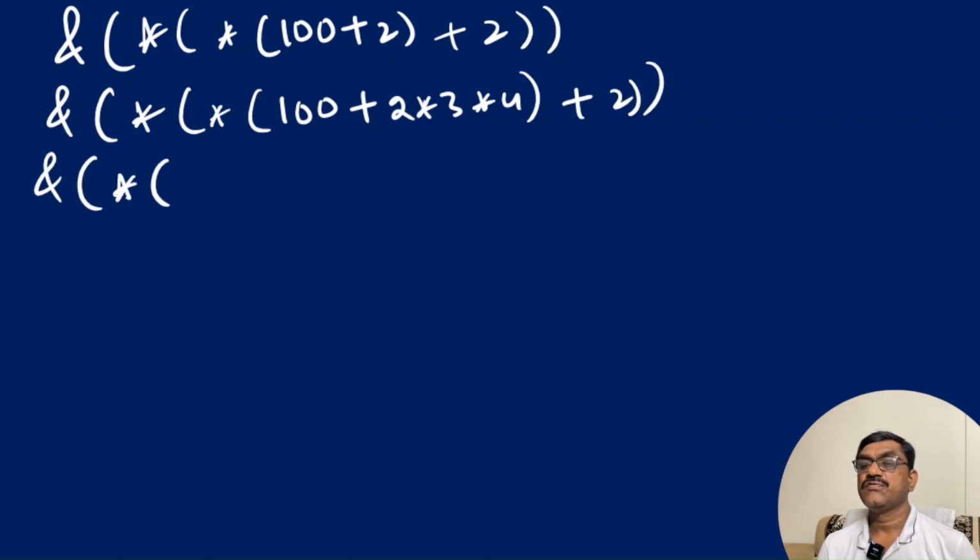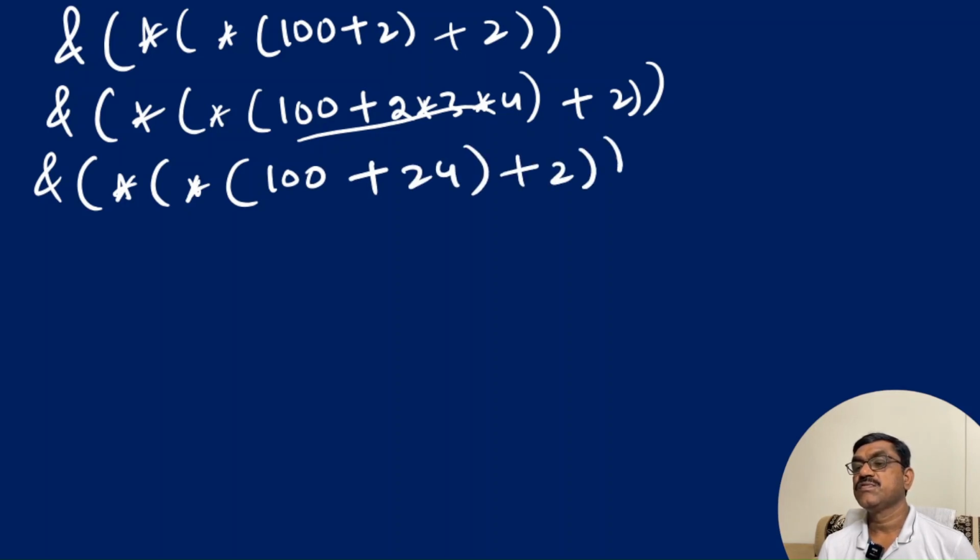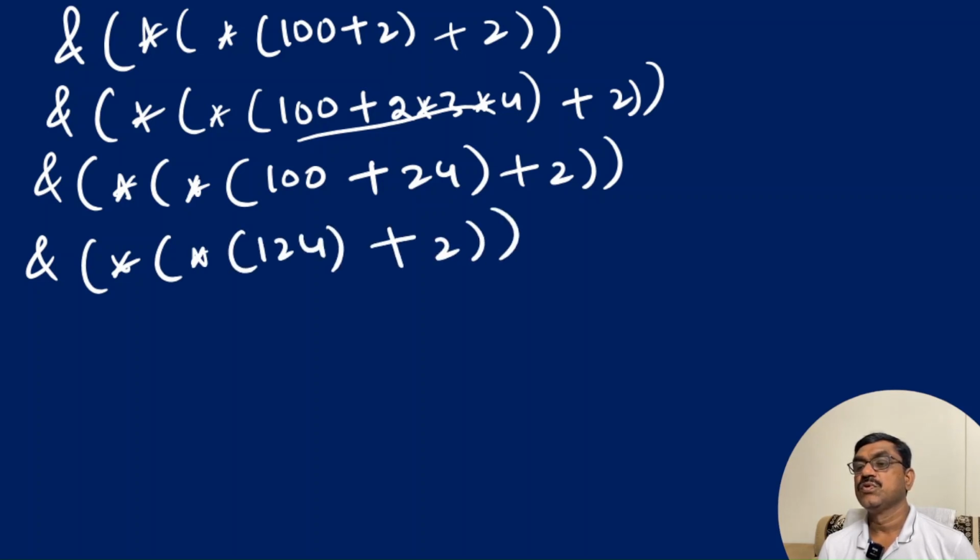Ampersand of star of, here I'm writing star. See, what we are going to get is 100 plus 24. Just I'm writing like this for convenience. This will be given as &*(*(124)+2).